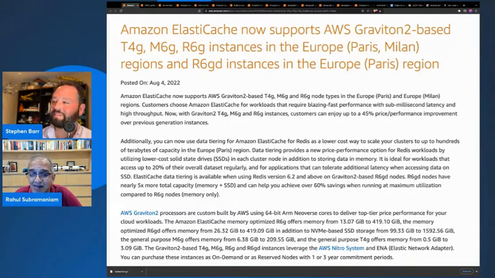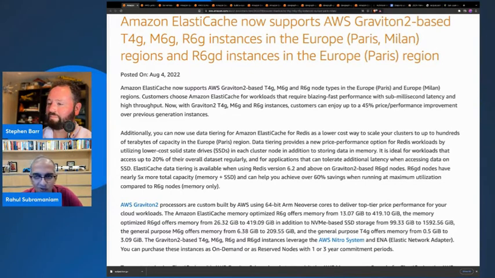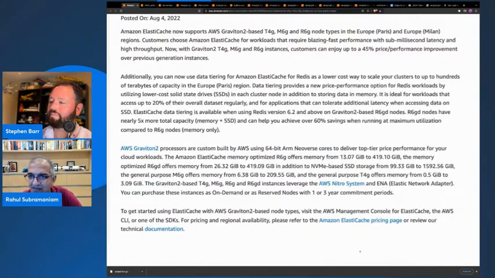Correct. And I think we discussed this on a previous episode. We'll try and find that particular episode. ElastiCache is significantly cheaper when you move from x86 to ARM.